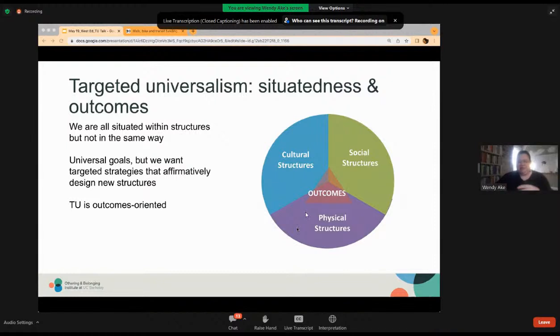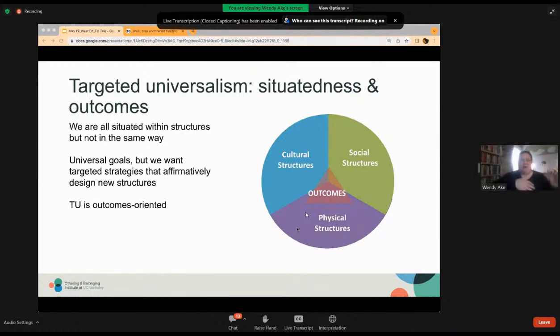TU, I'll switch to saying TU instead of targeted universalism, it's a mouthful. So when we talk about TU, we really emphasize, again, if structures create othering that we experience, we can change them. We cannot change towards belonging unless we have a deep engagement with situatedness, or the way people experience those same structures.